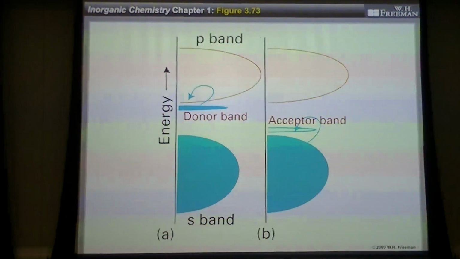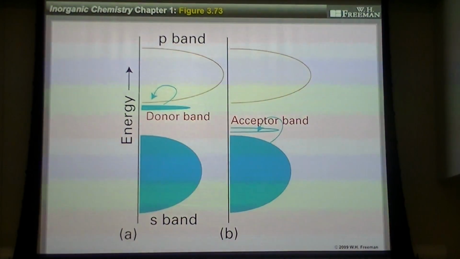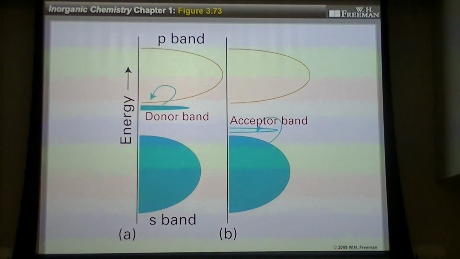We know the positions because we have measured many of these things. Sometimes these bands even fall within the p band, and sometimes at a distance from the p band. So exactly where it's going to fall, we don't know. But what we know for sure is that this band is going to be higher in energy than the s band.